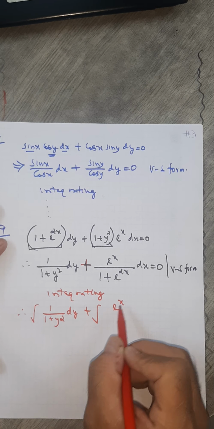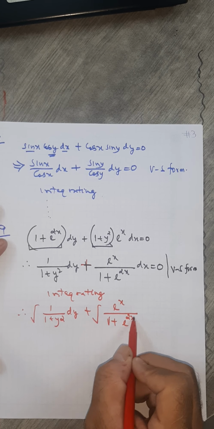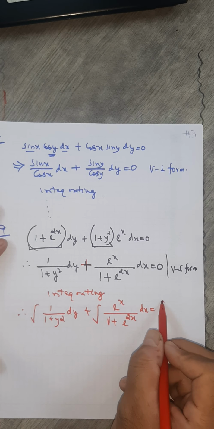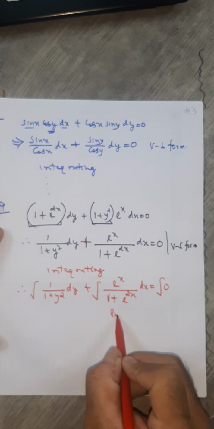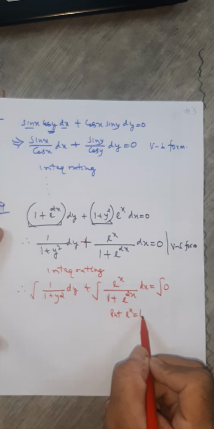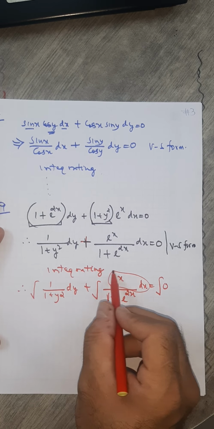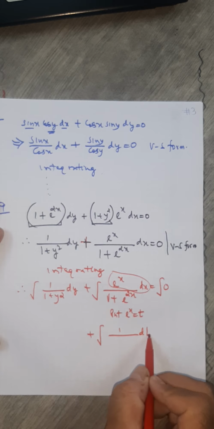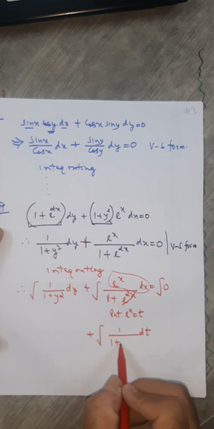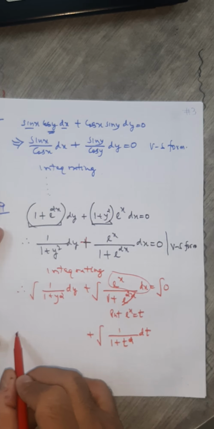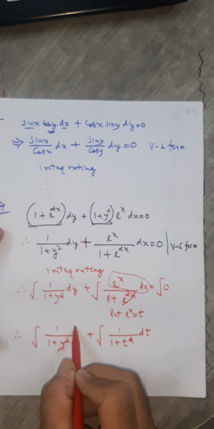I already told you, if you have any integration question where exponential or log is involved, and nothing else can be done, you put e raised to x equals t substitution. So you will notice that this will be dt, just differentiate it. And e raised to x is t, remember. So this is 1 plus t squared. So you have this, and now both are very standard formulas, remember.